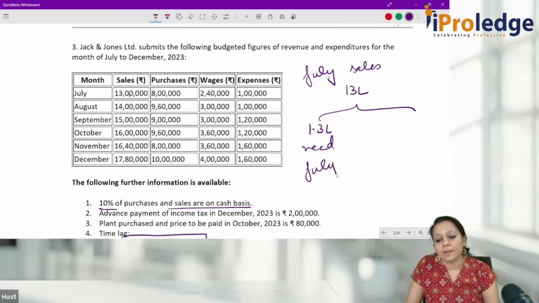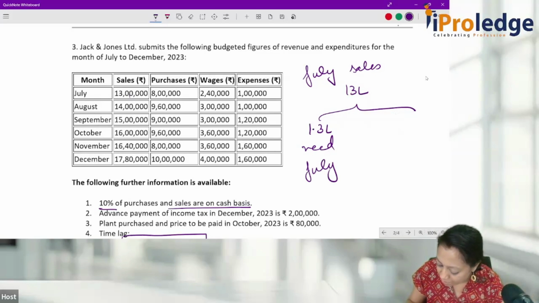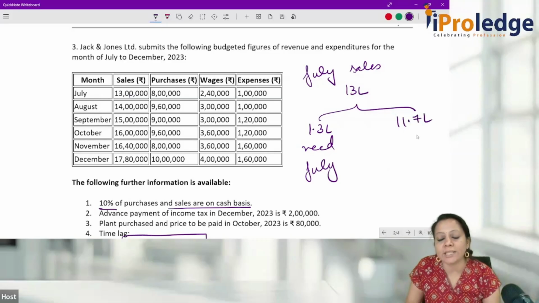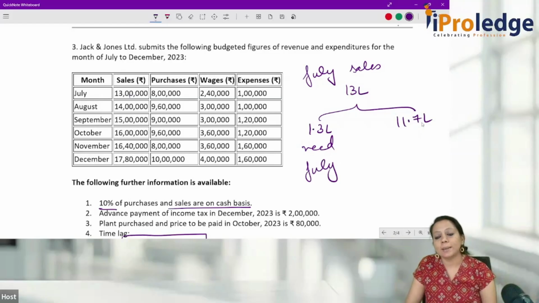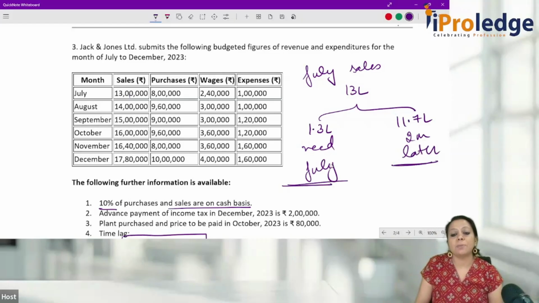Correct. And 13 lakhs into 90 percentage. How much is that? 11 lakhs 70,000. 11.7 lakhs will be received 2 months later. That is August, September. Right, everyone? Yes, no. So 2 months later, it will be received. Okay. Like this only, we should imagine each and everything.